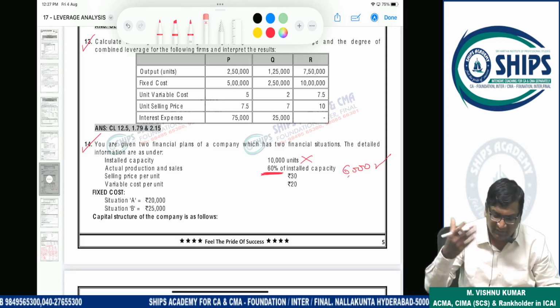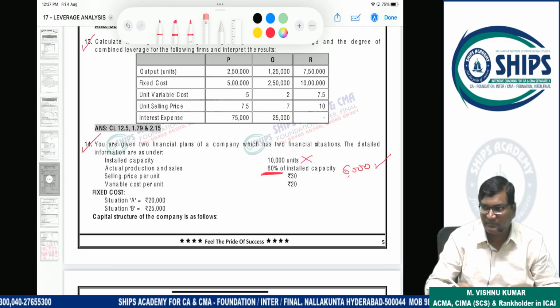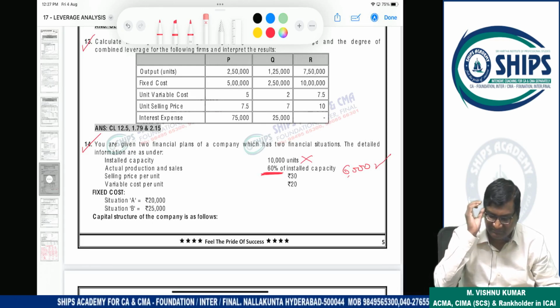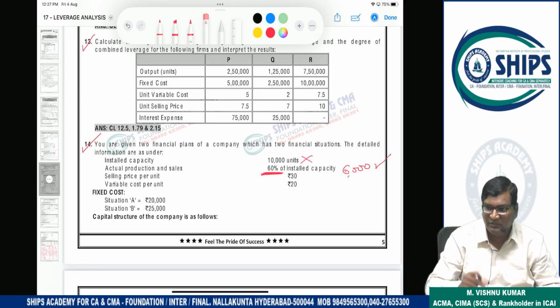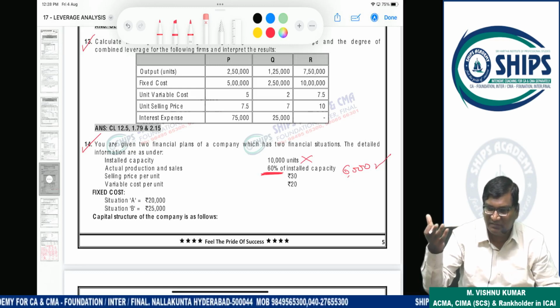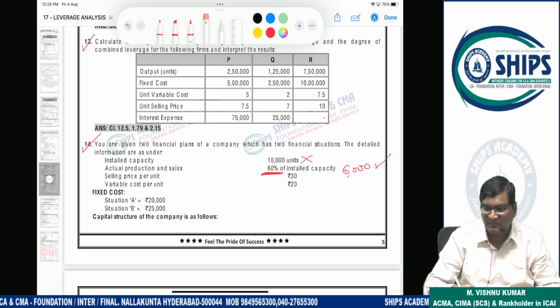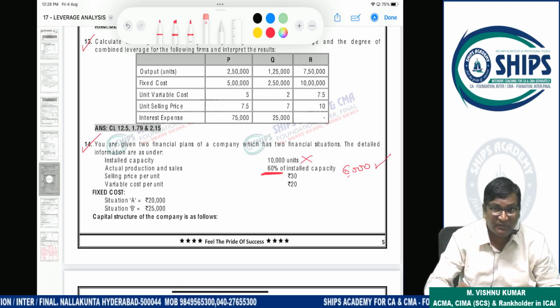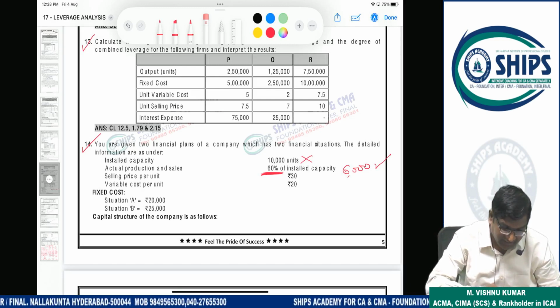So we have to calculate sales for 6,000 units. Usually we calculate for actual capacity because actually what we sell, that only we are interested. So 6,000 is important. Clear? How many units company is producing and selling given now?